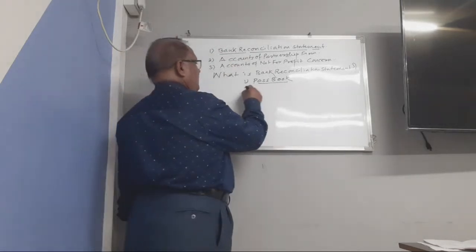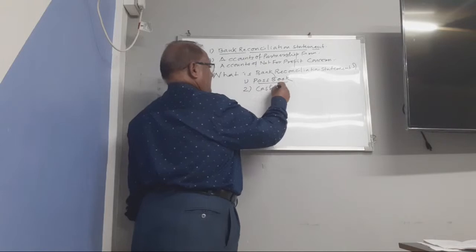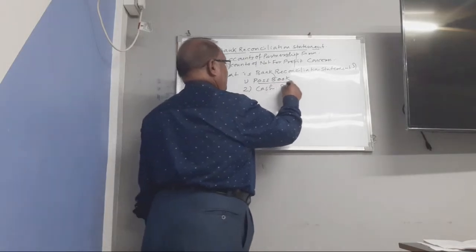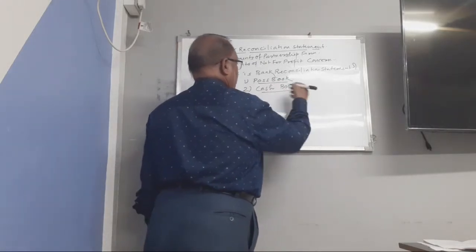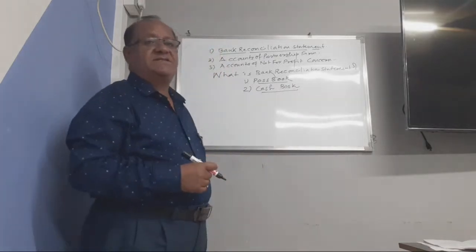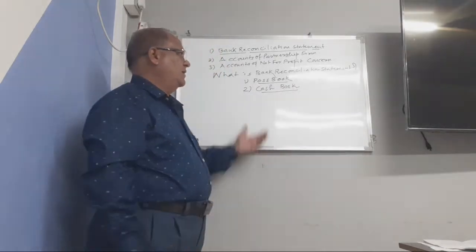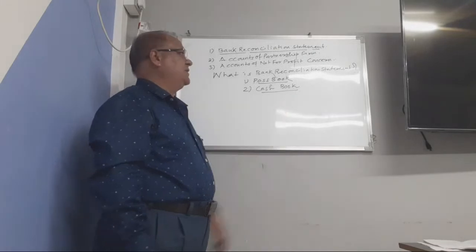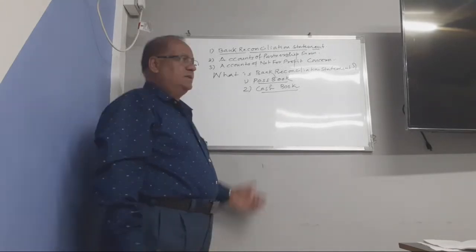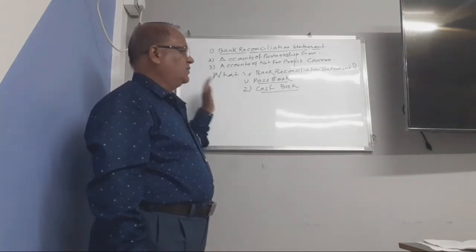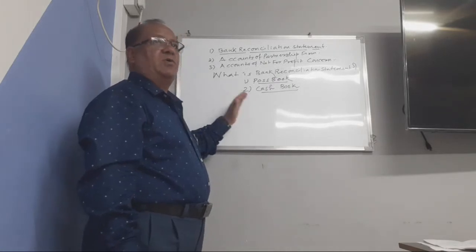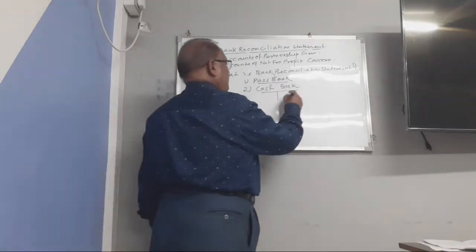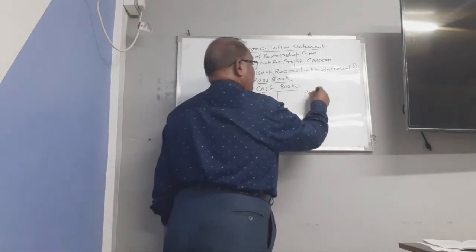And then you know the cash book. Cash book means it is the summary of receipts and payments. On the debit side there will be the receipts, and on the payment side there will be the payments.